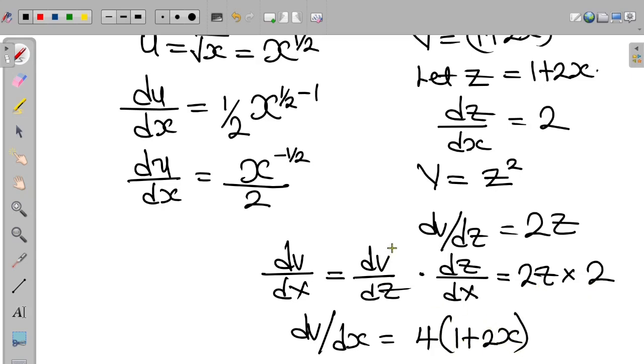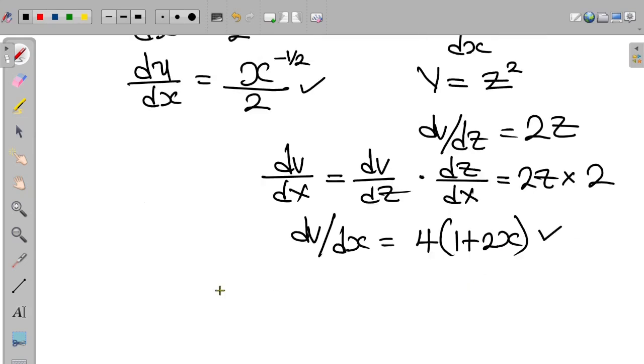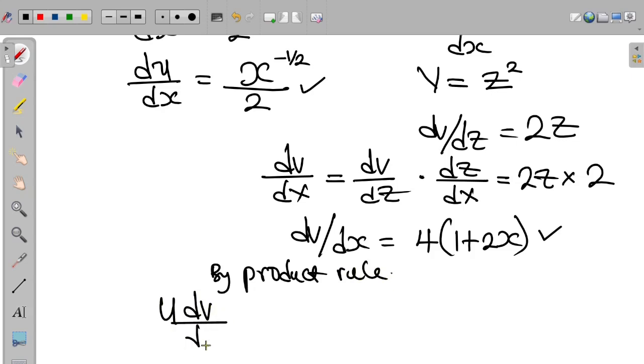So at this point, we have the value of u, we have the value of v, we have the value of du/dx, and we have the value of dv/dx. Now, we can substitute these values into the product rule to obtain the derivative of the function. So by product rule, we have u dv/dx plus v du/dx.